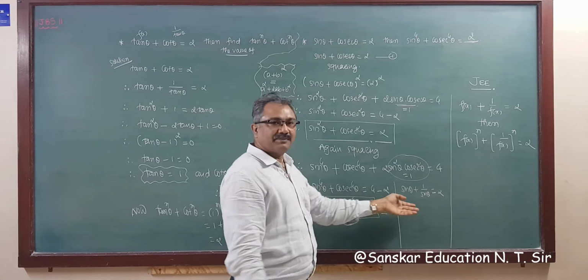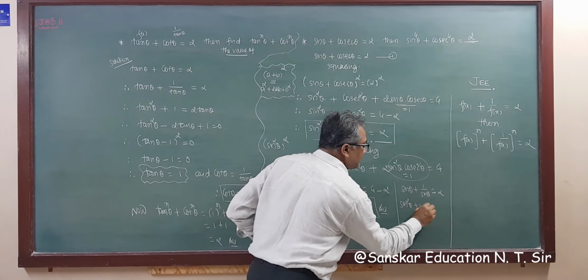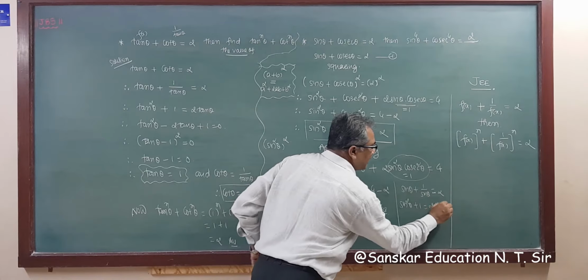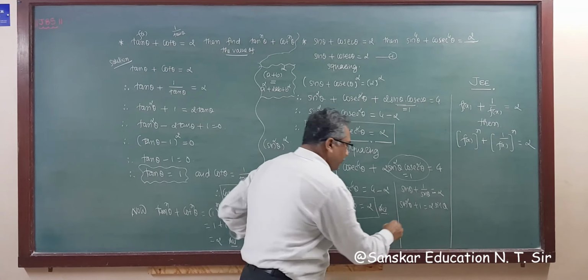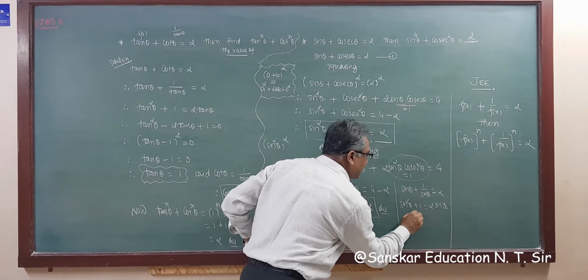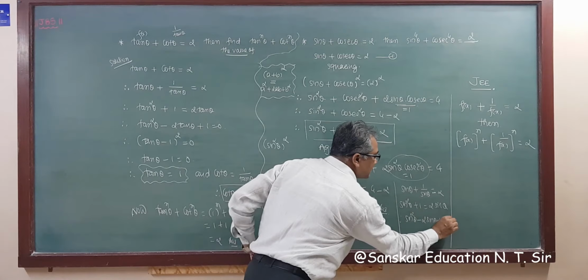So this equation becomes sin square theta plus 1 is equal to 2 sin theta. Taking 2 sin theta to the left-hand side, we get sin square theta minus 2 sin theta plus 1 is equal to 0.